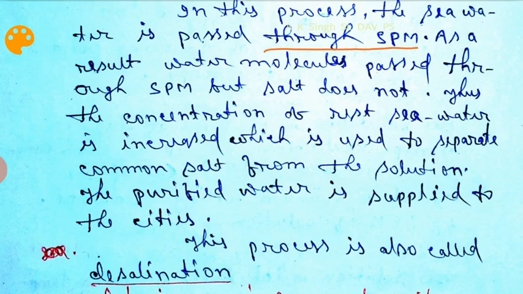As a result, water molecules pass through the semi-permeable membrane, but salt present in seawater does not.